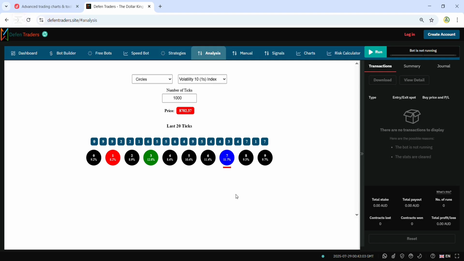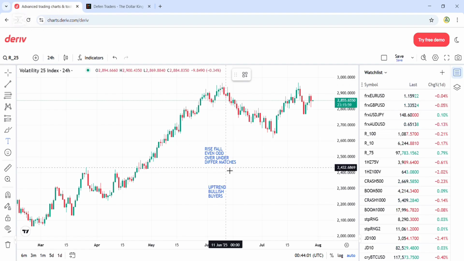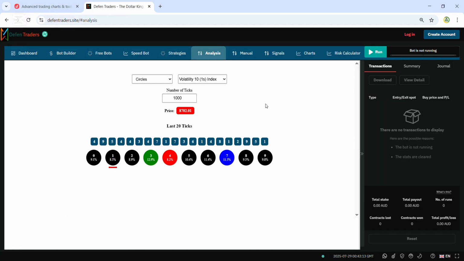So the opposite of the differs is matches. Now, if you predict digit 6, this becomes a strict and tight market. The exit digit must, in capital letters, be the digit that you have predicted, digit 6, for you to make a win.